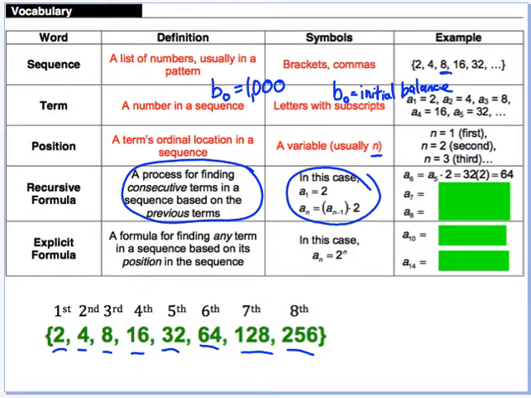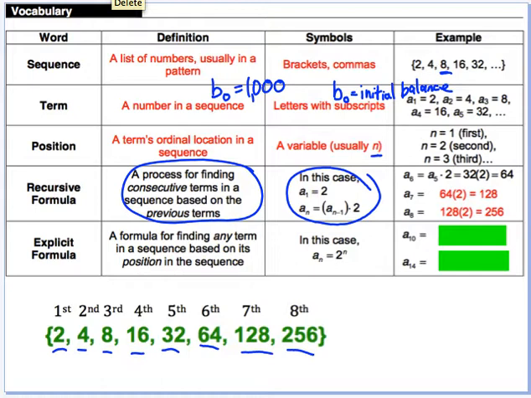If a problem asks what is the 7th term, we would just say it's 64 times 2, which is 128. When we're looking for the 8th term, we would say it's 128 times 2, or 256. So that's recursive: using your previous term, doing the math to get the next term.